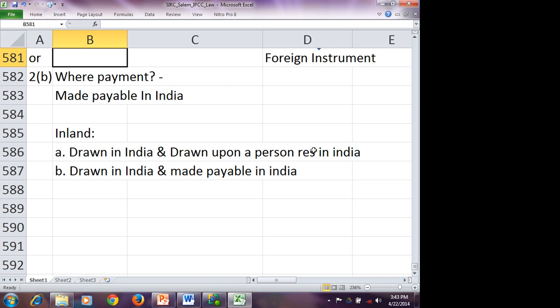That is the time which is given by RBI to the banker. The banker is under obligation to comply with the direction given by RBI. Nowhere inside the Negotiable Instruments Act do you find the validity of the check as 3 months. Previously it was 6 months, now it is 3 months. So as far as the NI Act is concerned, there is no such time limit. Technically, it's only the direction given by the RBI.